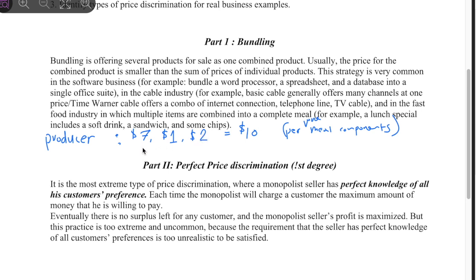But actually he was selling all together at $8. So per one meal, it's only $8. He could have made 10, but only 8.